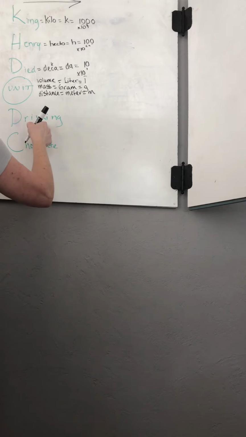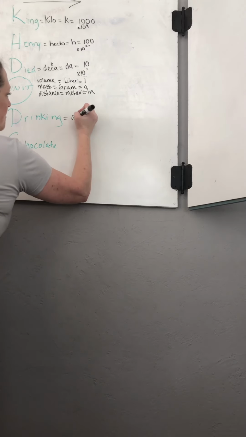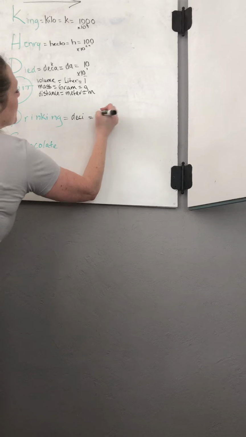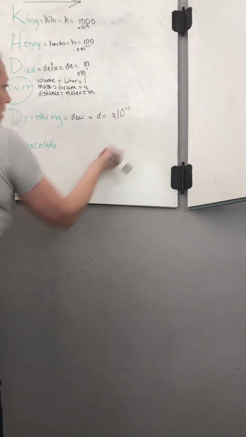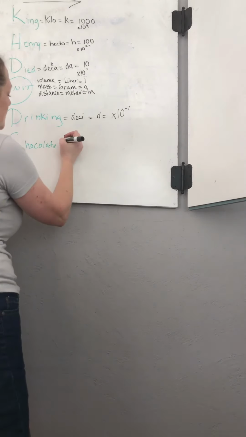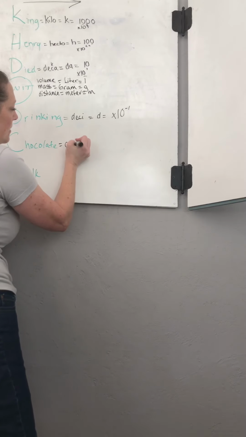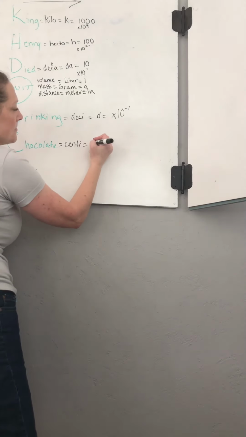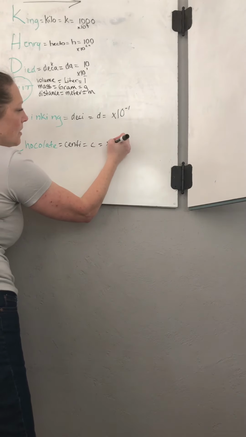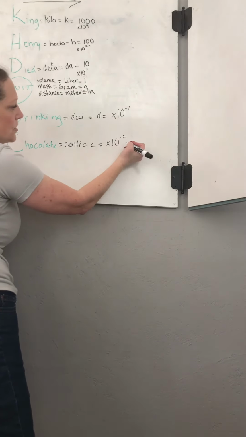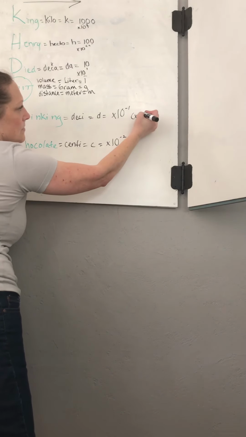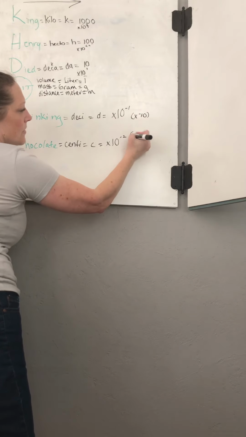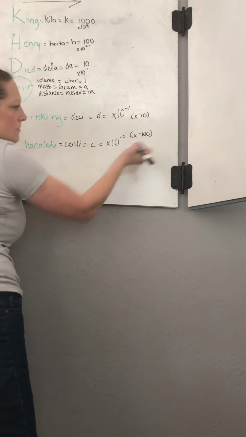Okay, we get down here, we're at deci, which we abbreviate with the D, and that is times 10 to the negative 1. That's gonna make more sense in a second. This is centi, we do a C, and it's times 10 to the negative 2, which is actually kind of like times negative 100.